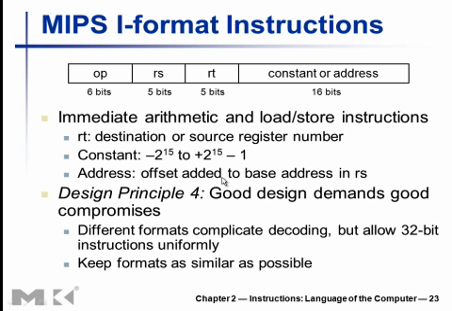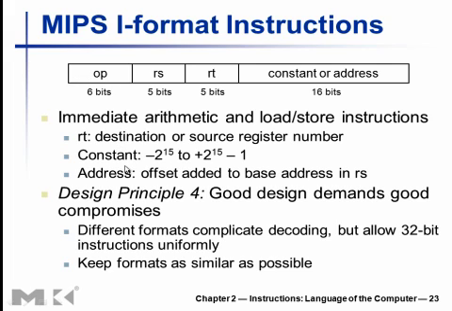Now let's take a look at the I format. In the I format, basically you reserve a constant or address area in the instruction. Half of the bits, 16 out of 32, are used for the constant or address. Then there is a 5-bit RS, the source register, a 5-bit RT, the target register, and the opcode is 6 bits.